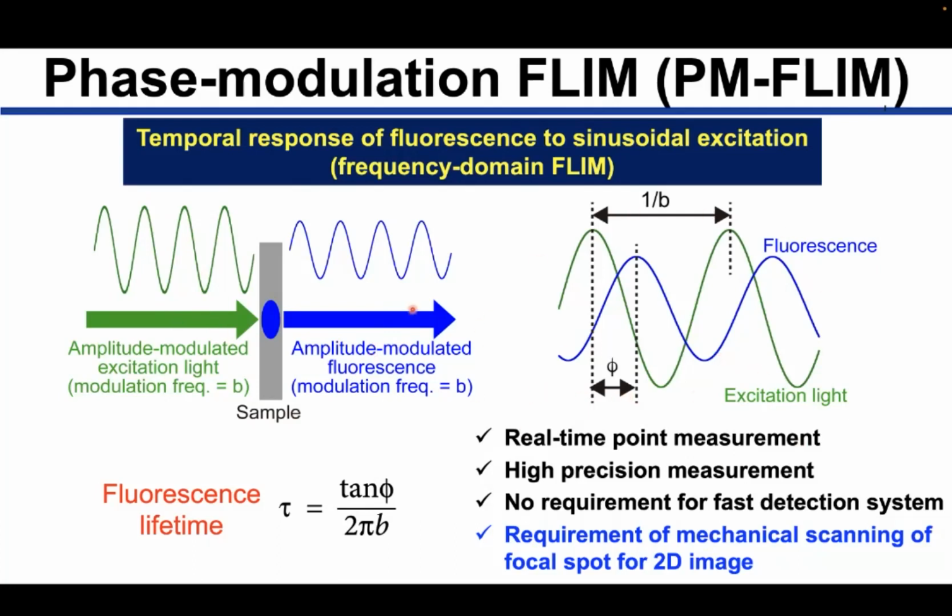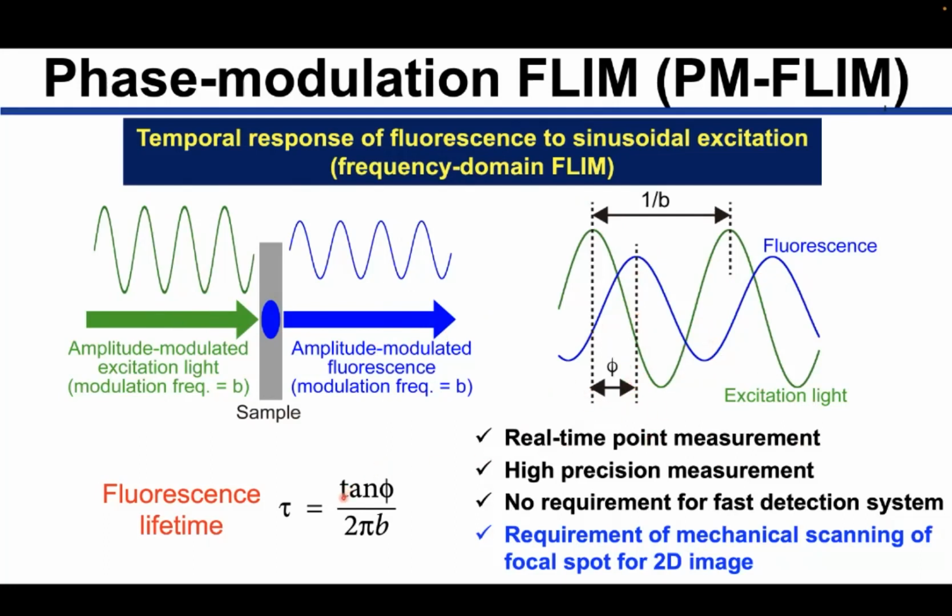The phase of the modulated fluorescence is delayed by phi from the excitation light, depending on the fluorescence lifetime.